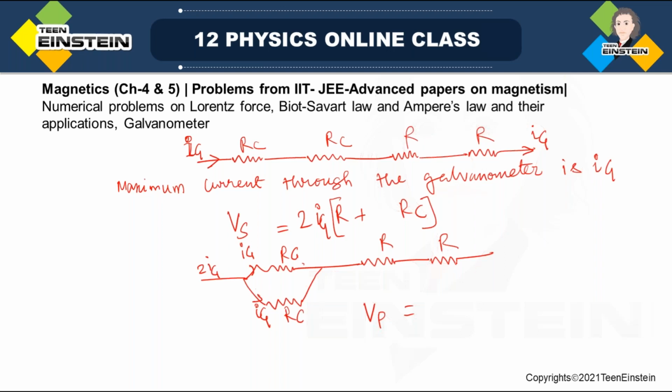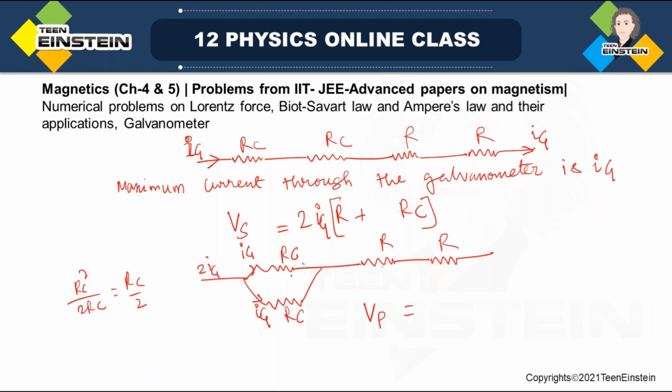See, in this case, we have two resistors, RC and RC. If you multiply RC squared divided by 2RC, you actually get RC by 2. And these two are, see, I'm just writing here.